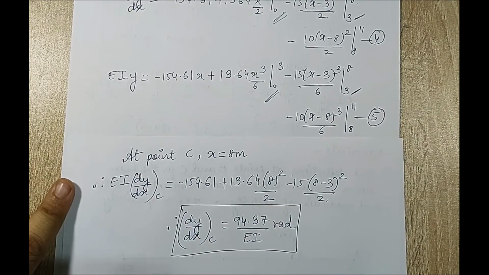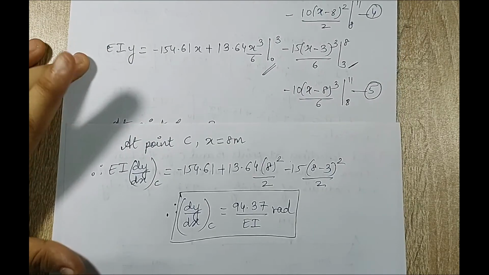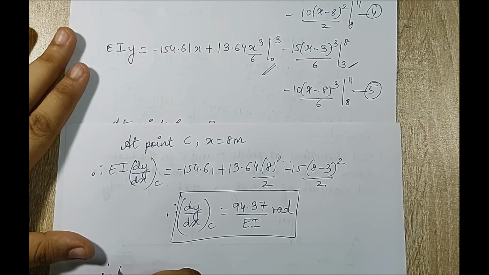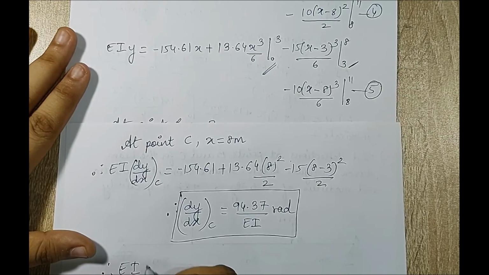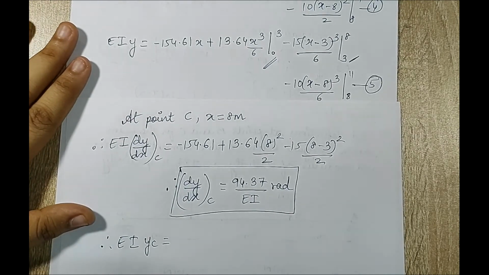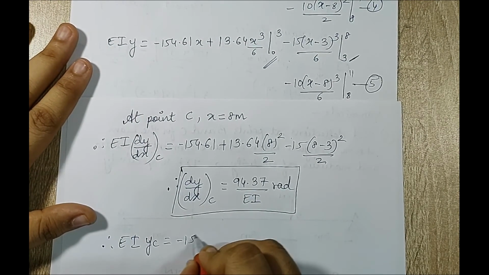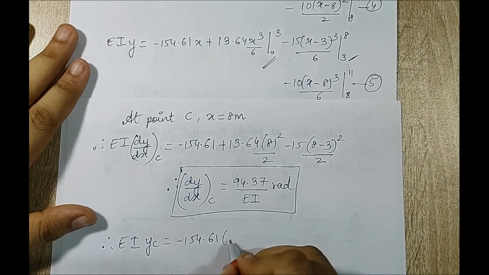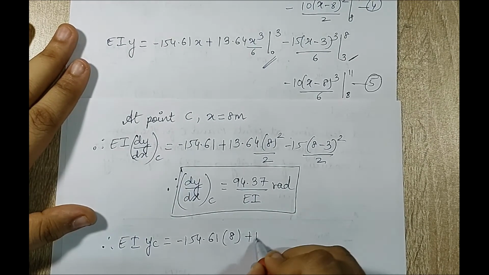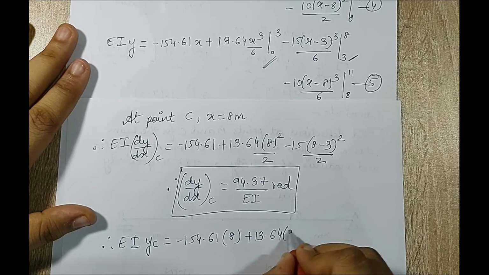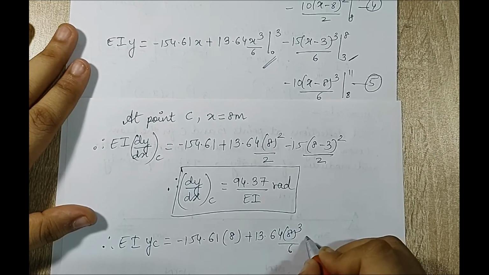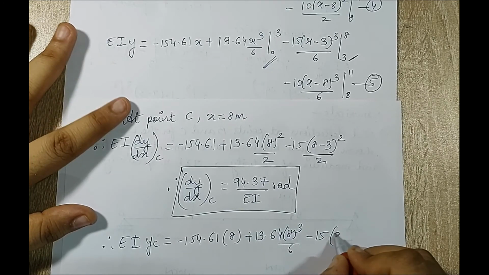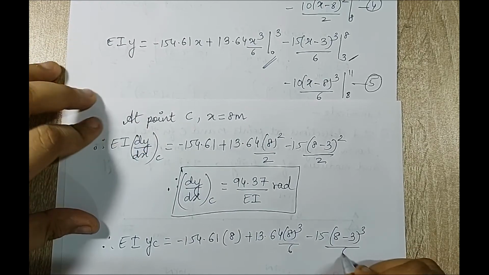So this is the answer. And when I substitute in this equation, I get therefore EI y of C is equal to minus 154.61 into 8 plus 13.64 into 8 cube upon 6, and I have minus 15 into 8 minus 3 cube upon 6.